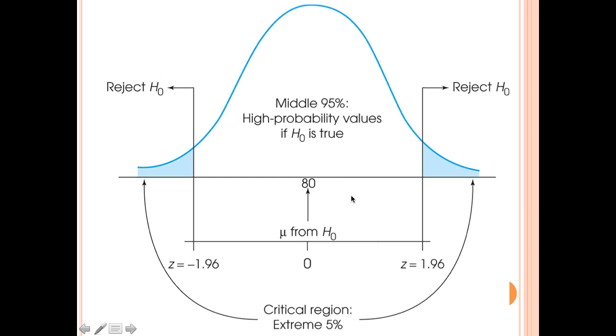So if you got 1.96, your probability of that occurring is 0.05. It's your alpha level if you're right there at 1.96. If you're over here, it's something less than 0.05. That makes sense?